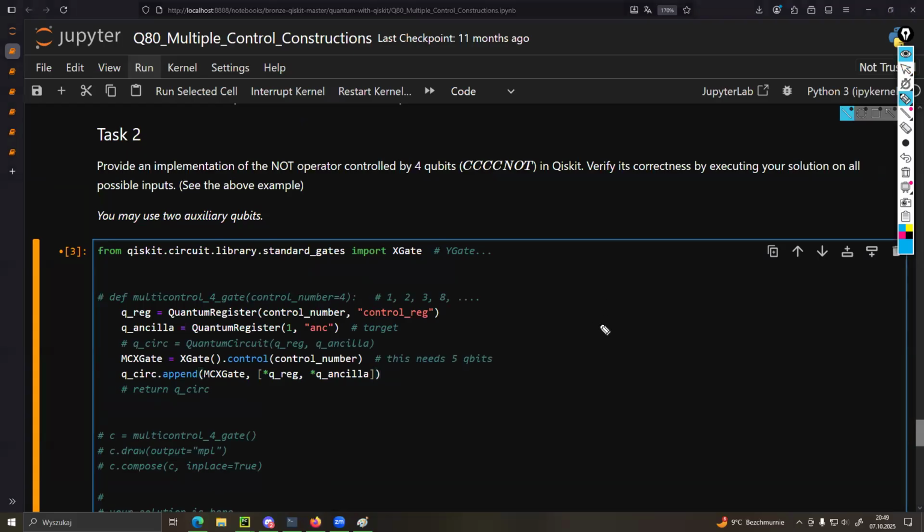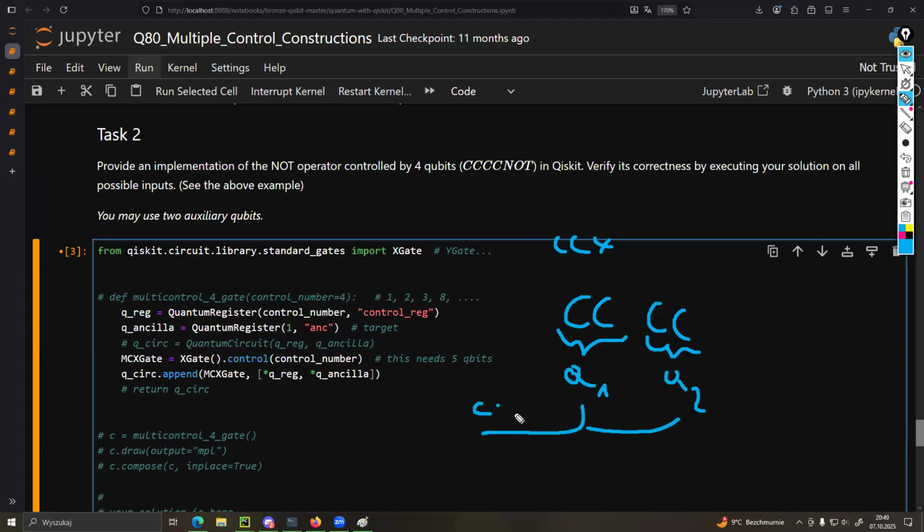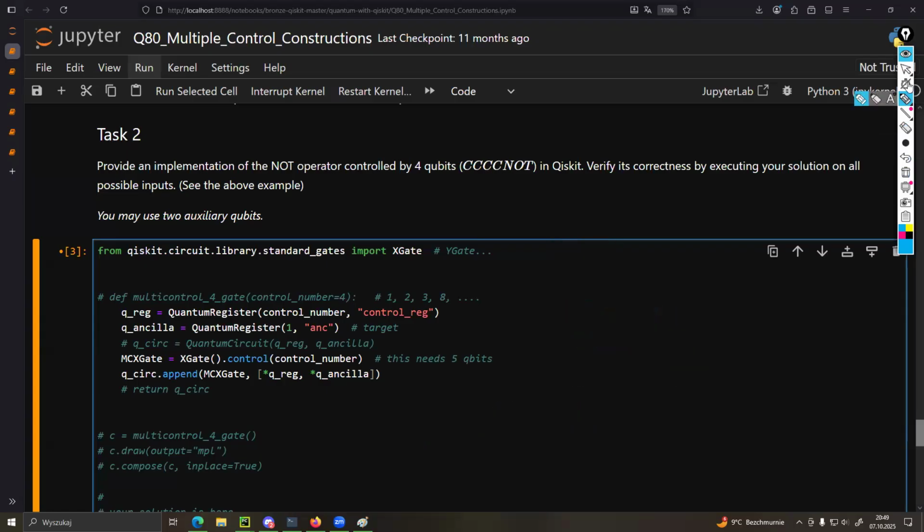As I said yesterday, when you do a CC, CC, and for every single one you have used a CCX, and you needed an ancilla qubit, ancilla 1, then ancilla 2, and both of these ancillas then combine into yet another CCX into your target, right? So this is a way more complicated construct. You don't need to do this. There are primitives in the library that can help you.